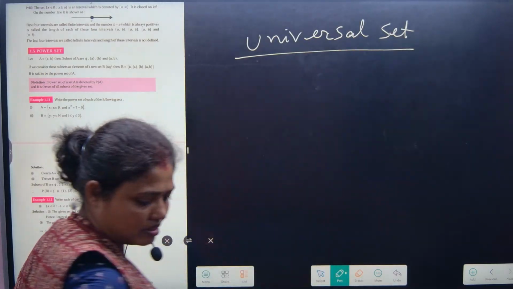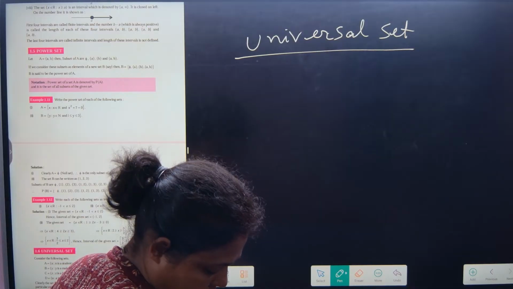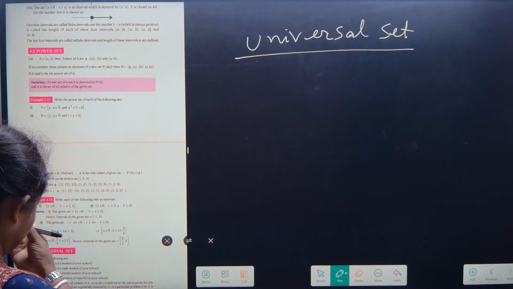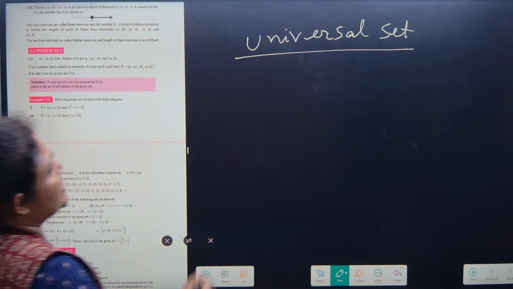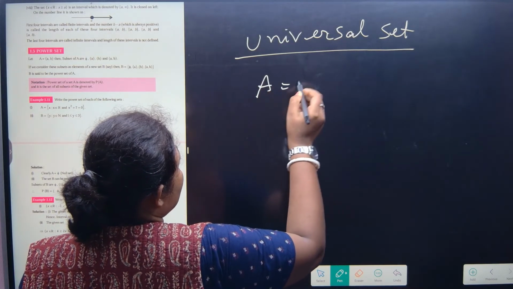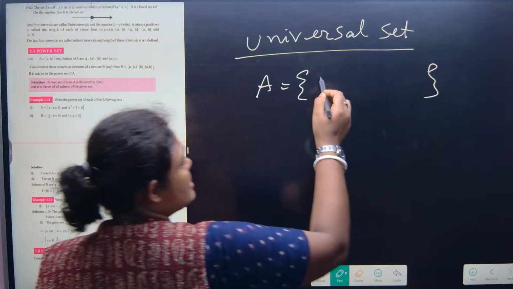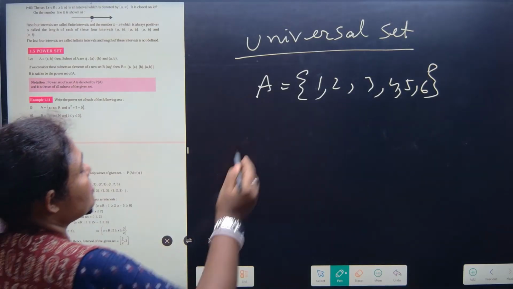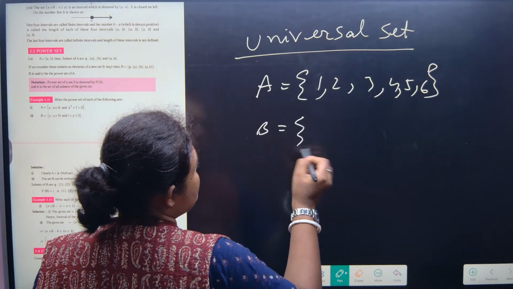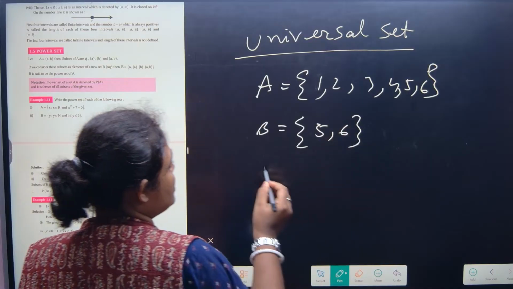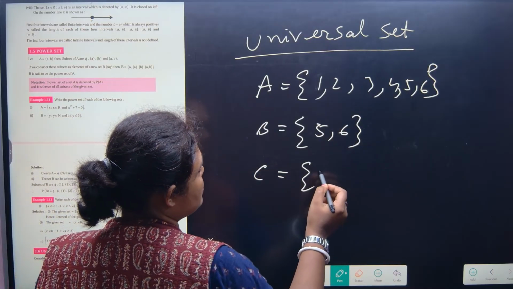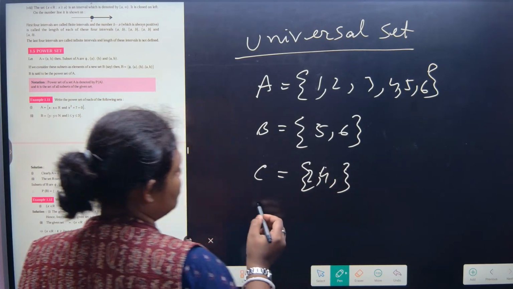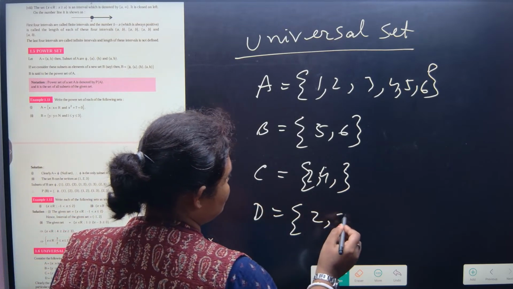Universal set means, if we consider a set A with elements 1, 2, 3, 4, 5, 6, and some other sets B, C, D with elements like 6, 4, 2, 4, 2, 3.